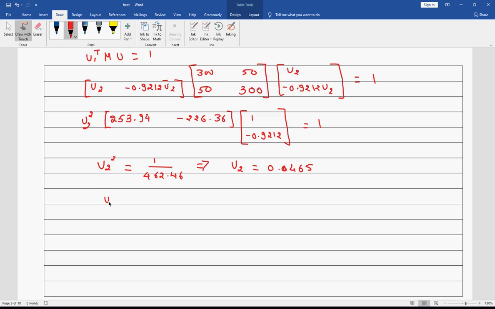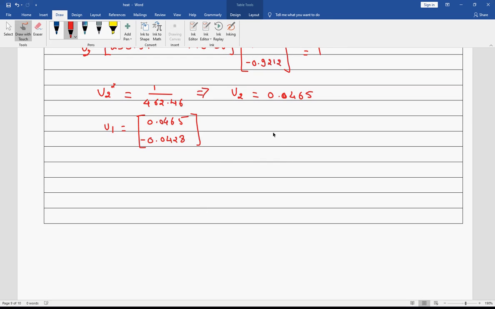So from there, now I can write my U1 as 0.0465, and of course I have 0.9212 times this, so this will come minus, of course, 0.0428. Okay.